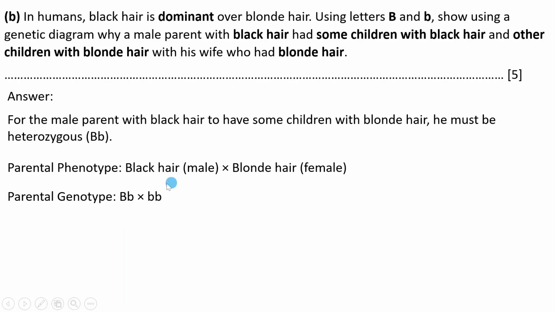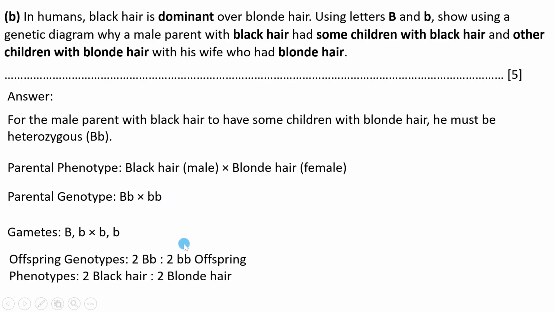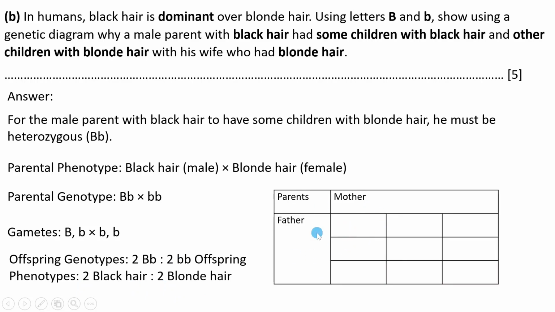Then for the blonde, it means it was homozygous blonde. So meaning the gametes are these ones, then this will be the offspring, children. So there will be two who have black, two have blonde. Okay, so two black hair, two blonde hair. So this is how it was formed.